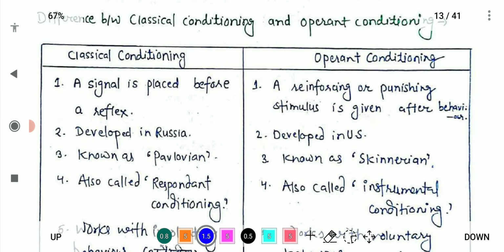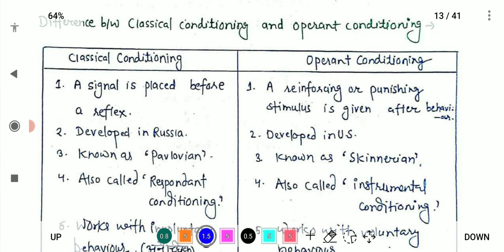Classical means what? It is based on that dog, so the signal is placed before the reflex. Here, the reinforcing or punishing stimulus is given after the behavior. If you see a behavior, after seeing that only you are going to reinforce or punish, right?